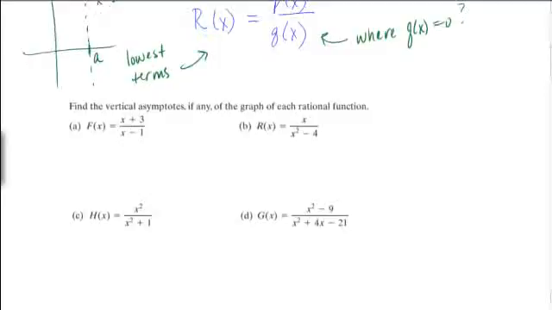Okay, so we needed to have that kind of background information to be able to find the vertical asymptote of our functions. So this first example says, find the vertical asymptote, if there is any, of this graph. I'm looking at this function, f of x, which is equal to x plus 3 over x minus 1. And I can see that this function is already reduced. Now, don't be fooled into thinking that I can just reduce these x's like that, because I can't.